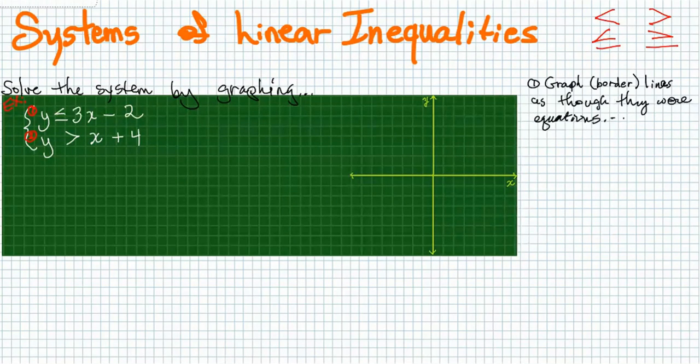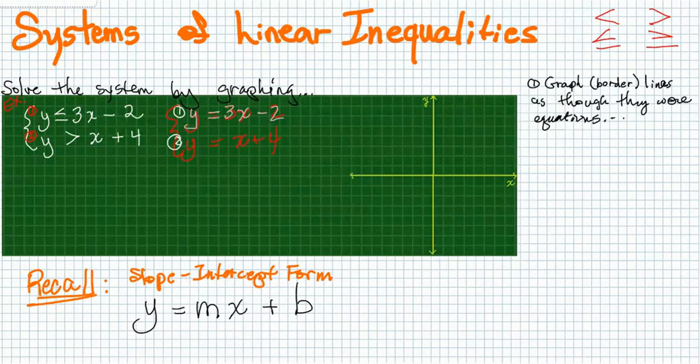So for now, and you'll see in red next to this, we're going to pretend it's y is equal to 3x minus 2 and y is equal to x plus 4. So let's graph line 1 first. For 3x minus 2, what information are we given?